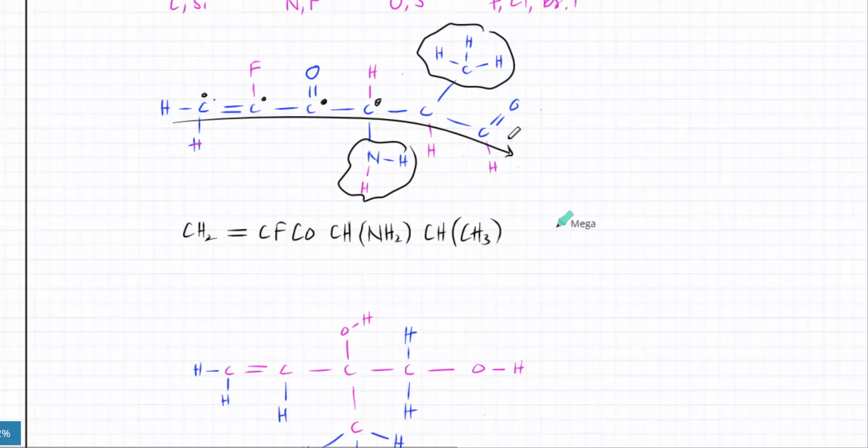COH. So there are two options, right? It's either COH, but this is usually written as CHO. And I'll explain this one minor point about why this is written as CHO and not COH.